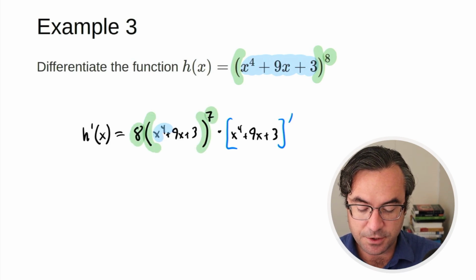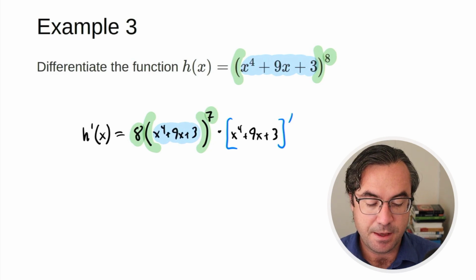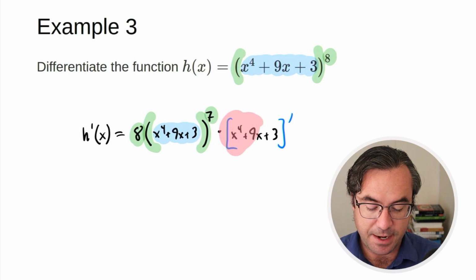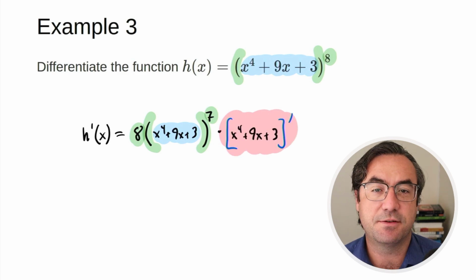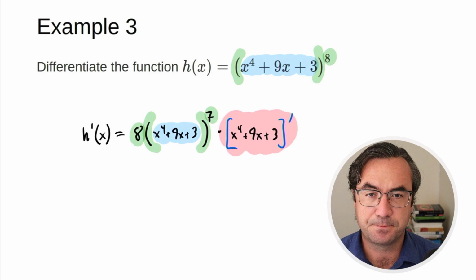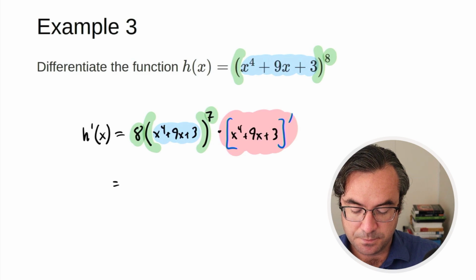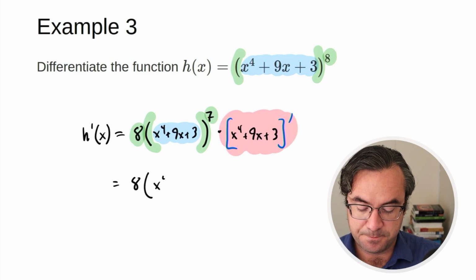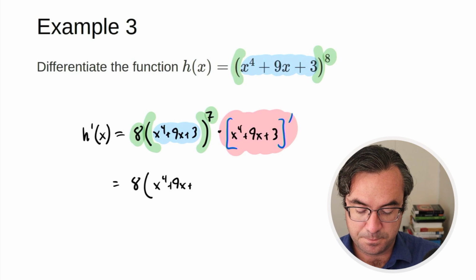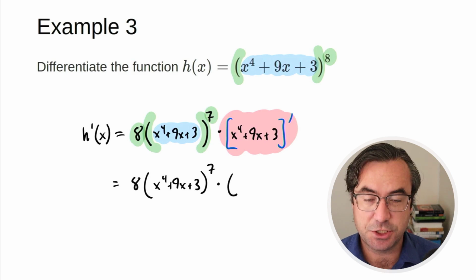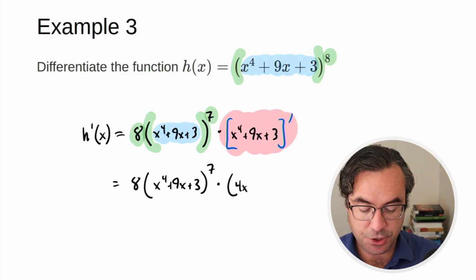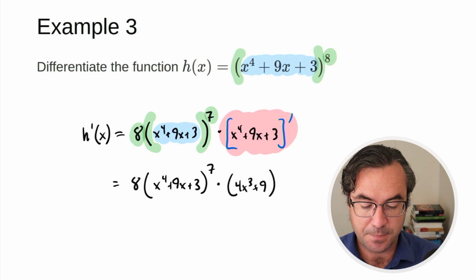We keep our inner function exactly the same, and then we're multiplying by the derivative of all that stuff that's inside the parentheses. And then we just finish it up. So this part we're done with, and then this part we just finish differentiating. So we get 4x cubed plus 9.